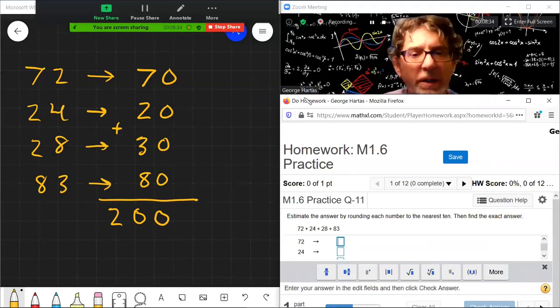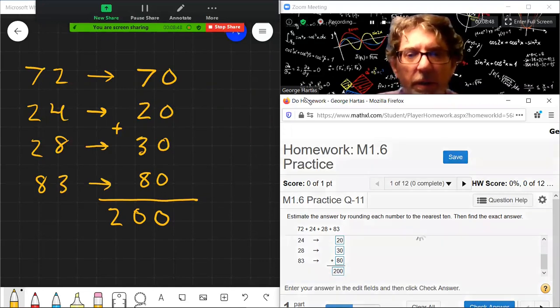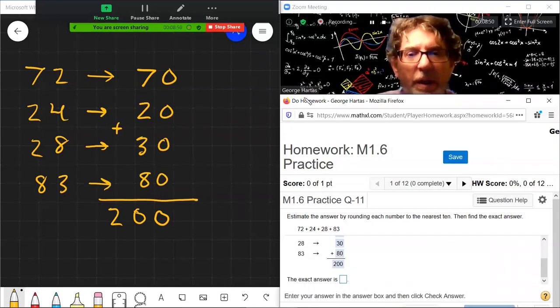So the first box is 70, 20, 30, and 80. And then they want their results, and we got 200. Okay, now part B of these, some of these questions are, when it says find the exact answer, they're talking about this.